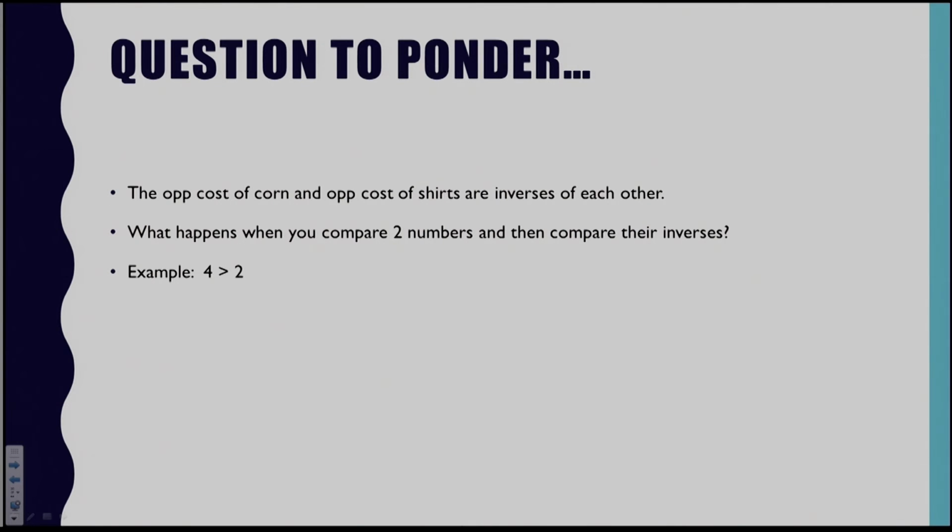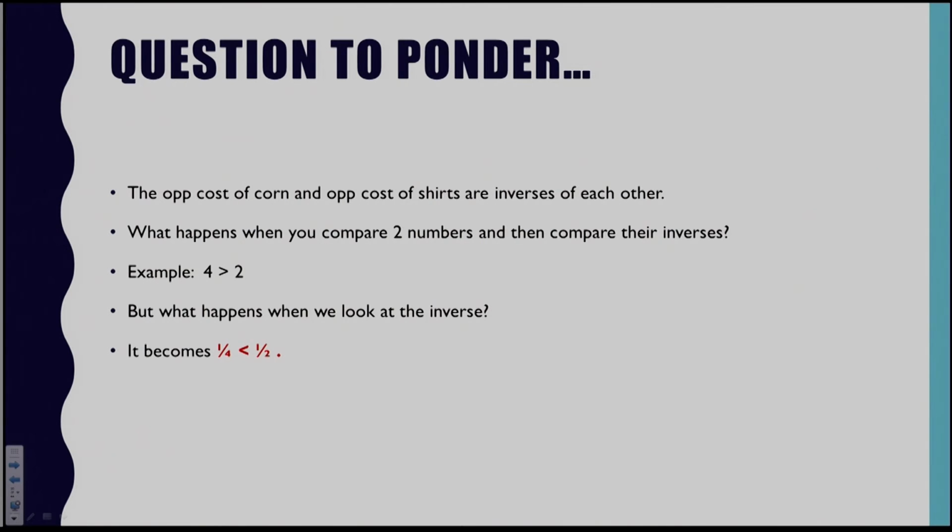So let's say we're looking at two numbers, 4 and 2, and we all agree that 4 is greater than 2. But what happens when we look at the inverses? Well, what's the inverse of 4? It's 1/4. And what's the inverse of 2? It's 1/2. So now it becomes, when I look at the inverse, 1/4 and 1/2.